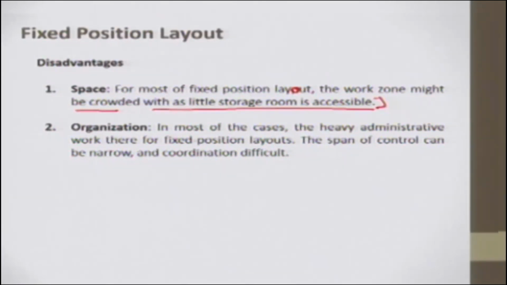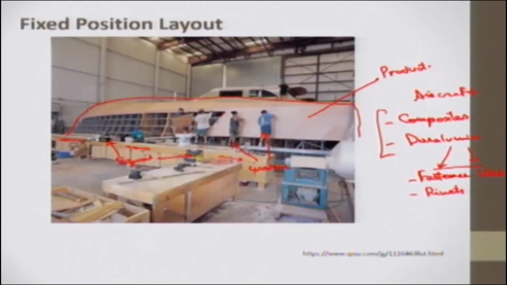Then organization. In most cases, there is heavy administrative work for fixed position layout. Administrative work is planning what would be the layout of tools and equipment. For example, these benches are kept here.